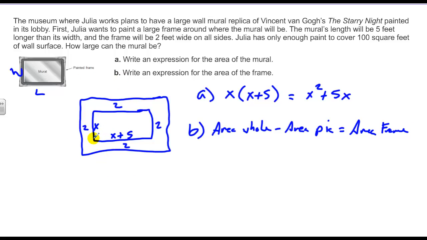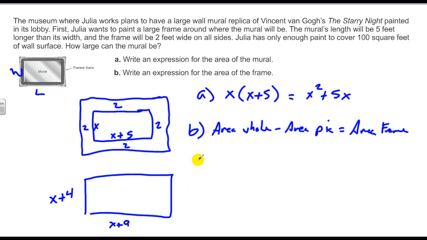Now, if you look at this, it's x width right here, but I have 2 feet here and 2 feet here. So the whole, if you will, is x plus 4. And then this whole, if this is the length, it's x plus 5, but then there's 2 here and 2 here, that's x plus 9.